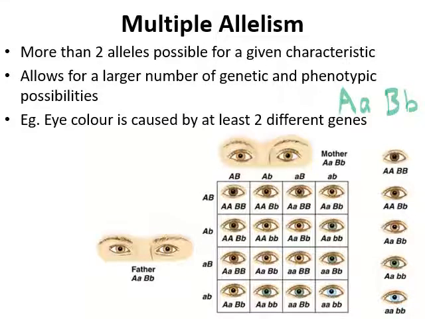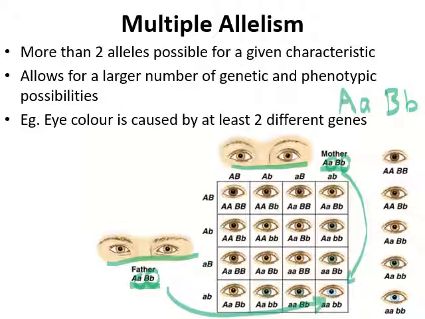Here we essentially have a mother with brown eyes and a father with brown eyes. But because they are heterozygous for both of these genes, some of their offspring, if they happen to inherit only the lowercase alleles, which is less common but still a possibility, could end up with blue eyes.